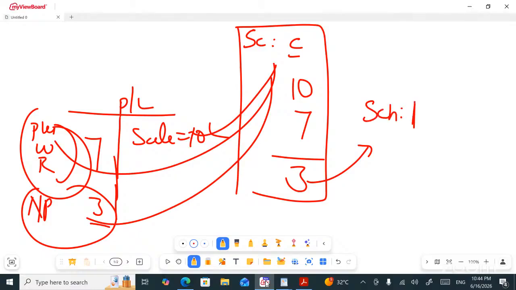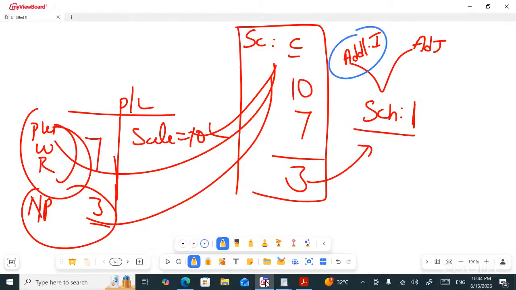In my previous class, I have already explained Schedule 1. Schedule 1 consists of Part 1 and Part 2. Part 1 is additional income. Part 2 is adjustments. In Schedule 1, Part 1, a number of varied items are included. Among them, one item is business income of the sole proprietor. So the Schedule C summary will flow to Schedule 1.